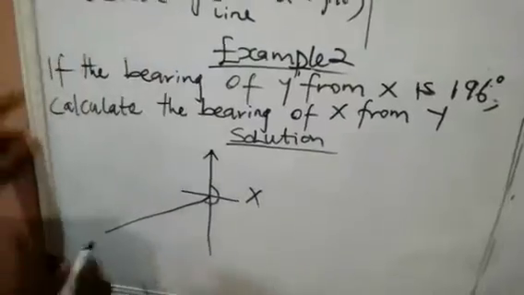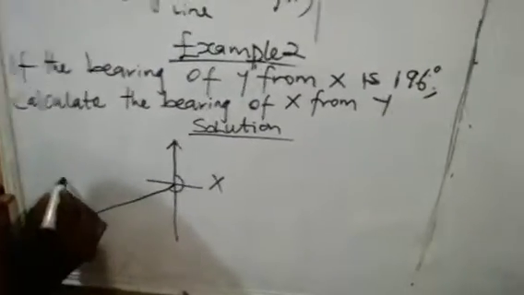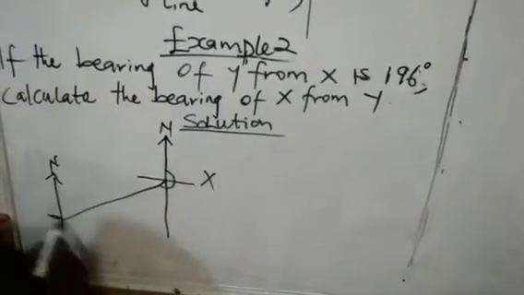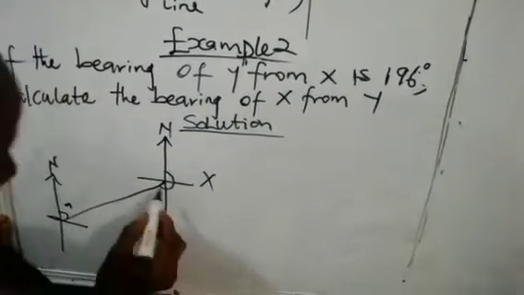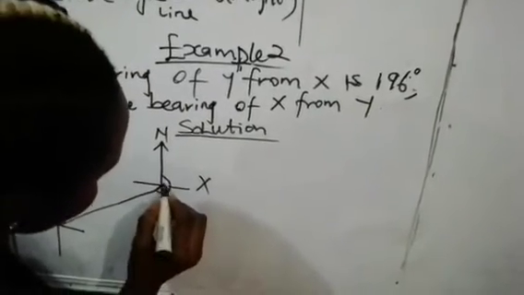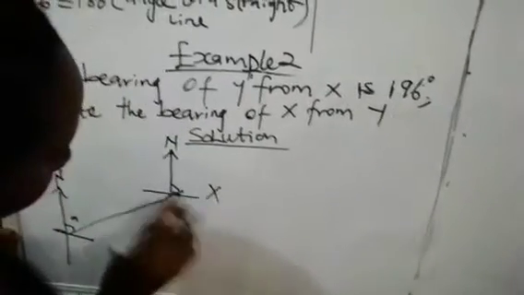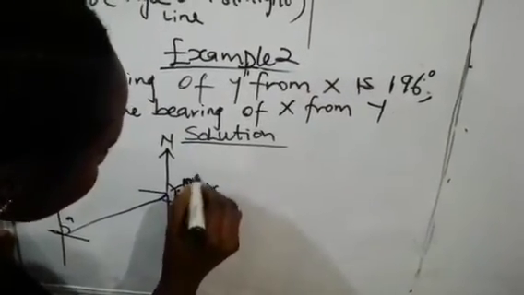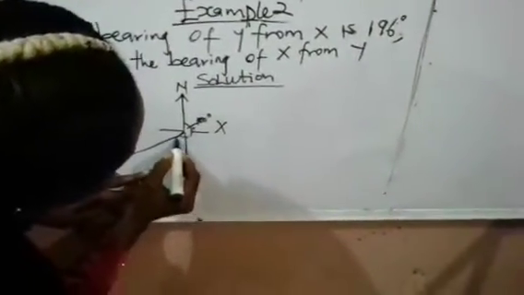So we have our S here, our Y here. This is the North Pole. Then from here to here should be 180 degrees, and from here to here should be 180 degrees. Then here should be our B.